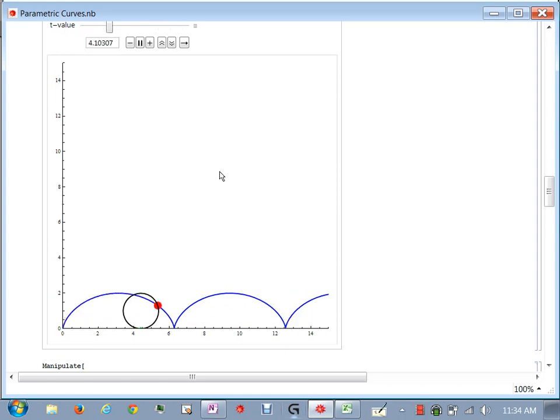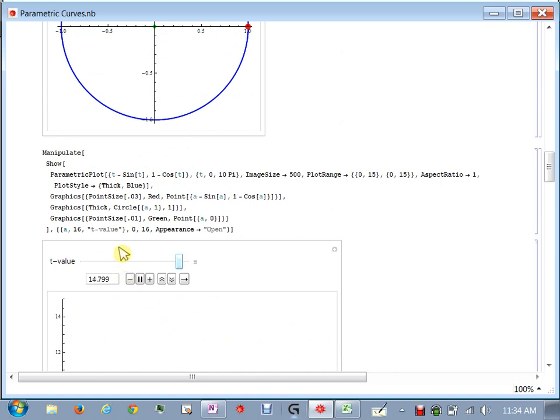So this curve can be drawn with parametric equations. The parametric equations for this, it's called the cycloid, by the way, are x equals t minus sine t, and y equals 1 minus cosine t.